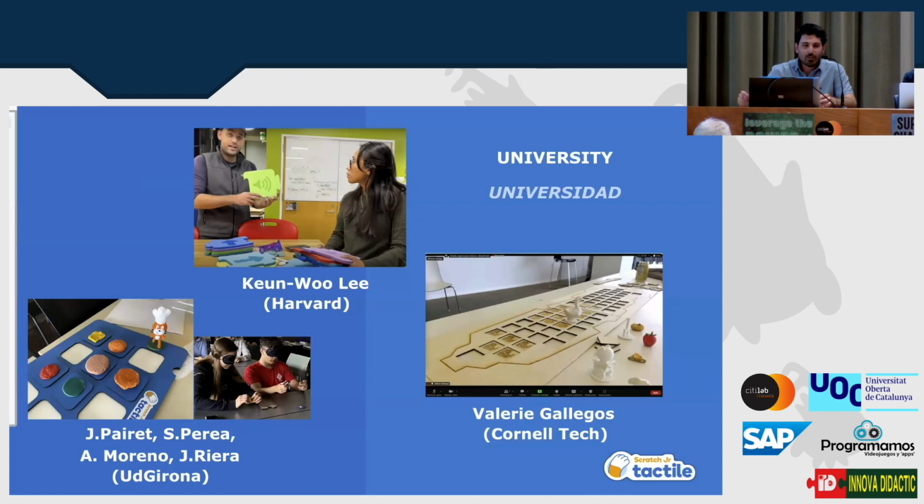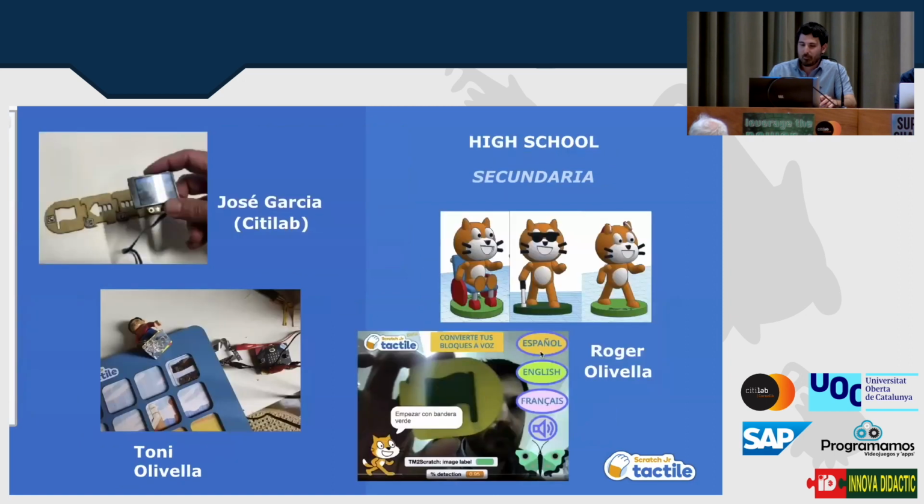So they created this foam block, for example, for kindergarten students, or this project about making a burger, or this other one, on an island in New York, where they wanted to make a map of the island, so they changed the board to make it. And in secondary, they can create adaptations or extensions to make it even better or more accessible. No? To put this question to the students: how to make this more accessible? How to improve it? Or how to adapt it to a certain project?